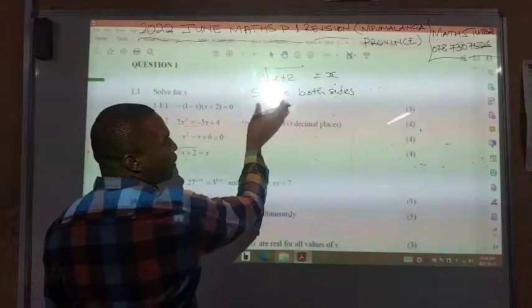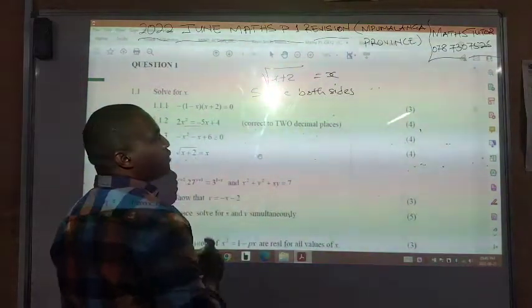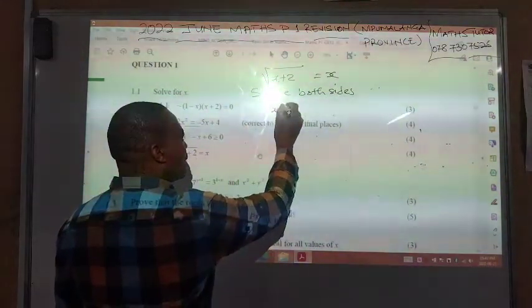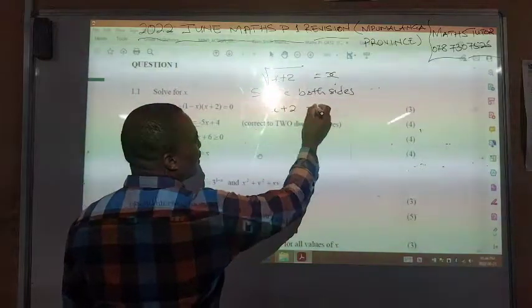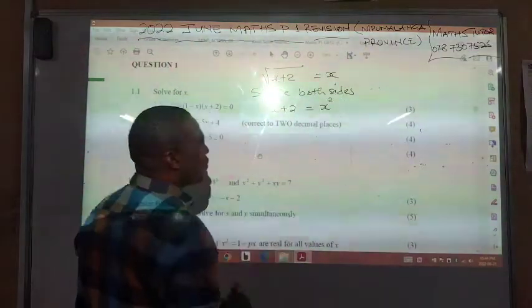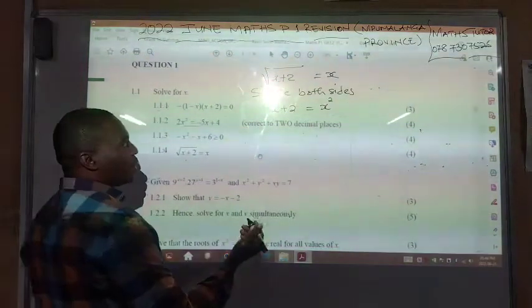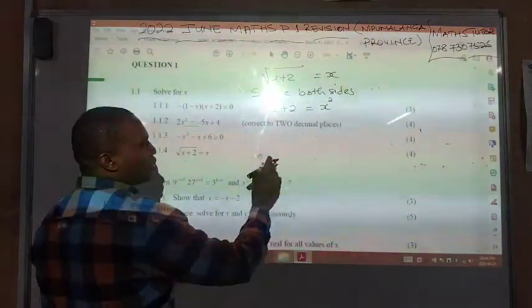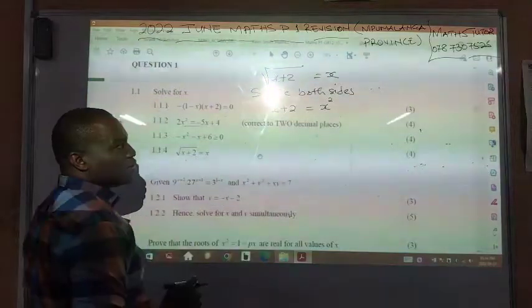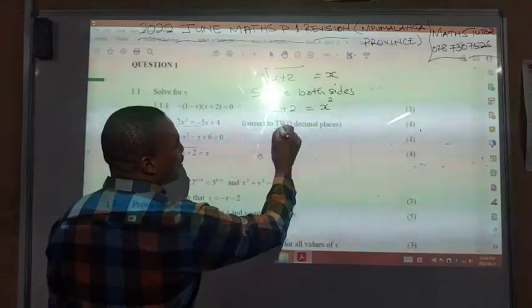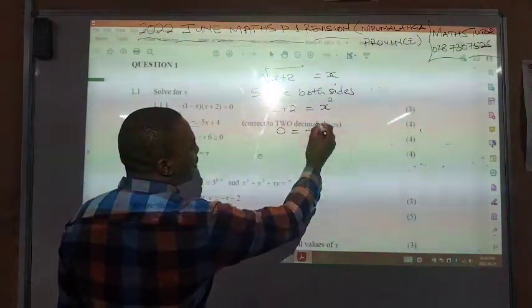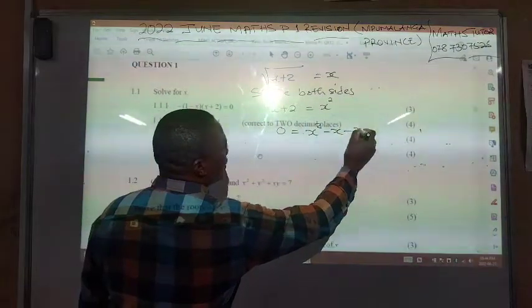If we square the left side, we will remain with x plus 2 is equal to x squared. And then this is a quadratic, we need to rearrange. Let's take everything to the right since the coefficient of x squared is positive. So we're having 0 is equal to x squared minus x minus 2.